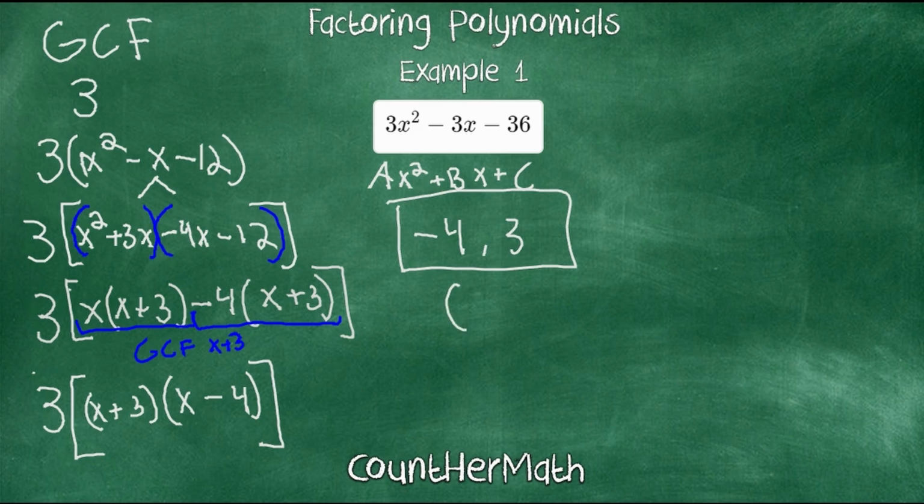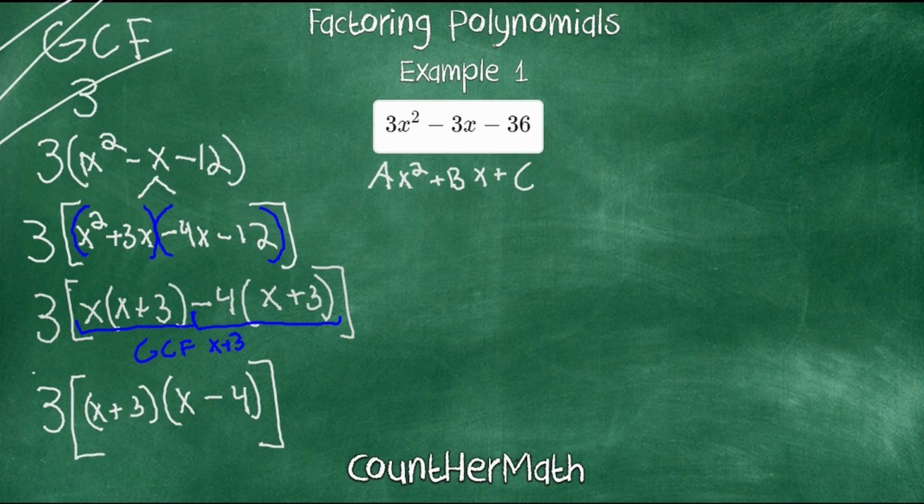You're going to be able to say parenthesis x, parenthesis x, and whatever those 2 numbers are is what will be the inside of your binomials. In our case, we do have that 3 on the outside that we just need to remember to add in. When a is not 1, there are other methods that we have to use, but for the nice pretty problems like this, we can use that pattern once we get comfortable with it.